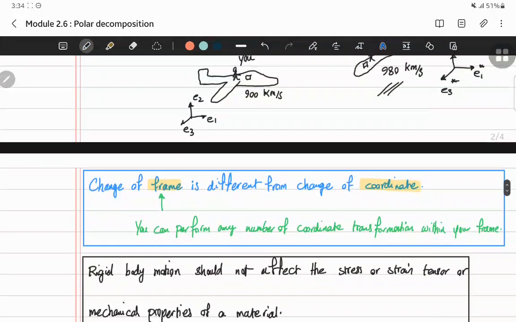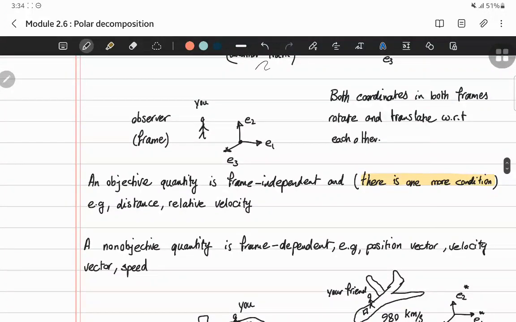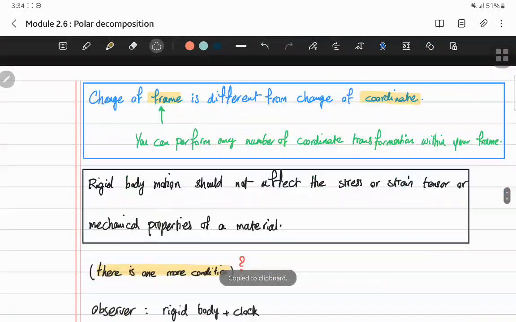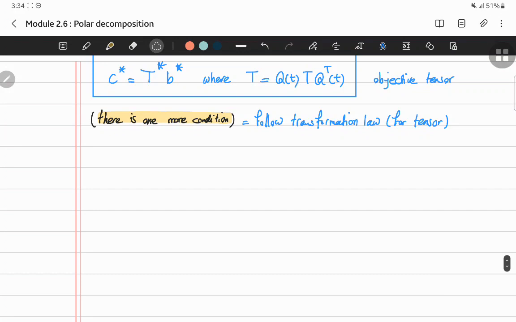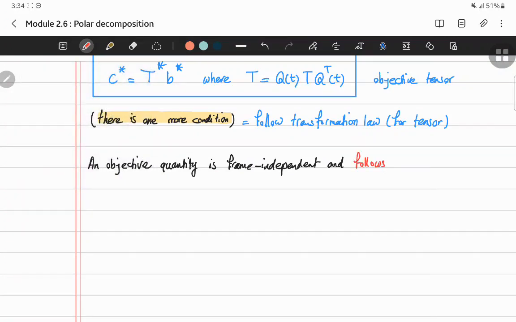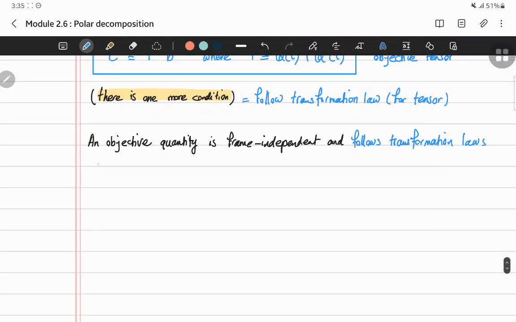So if I just copy this definition from here, and paste it here, and follows, maybe blue, follows transformation laws for tensors. All right.